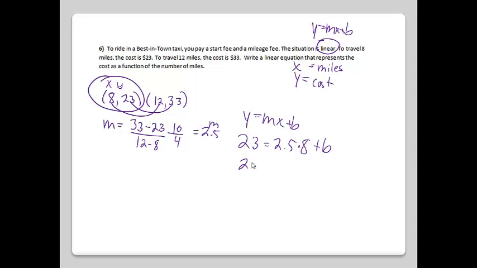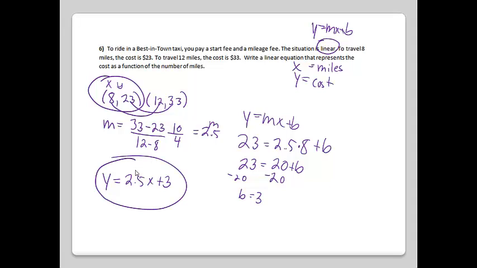Okay, then we'll have 23 equals 2.5 times 8 is 20, I believe. Let me just double check my math there. Yep, it is 20. Okay, then to get b by itself, we'll subtract 20 from both sides. So I'll get b is equal to 3, and then we just get to write our equation. So y equals my m, which was 2.5, x, and then my b was 3. So that would be the equation of my line.